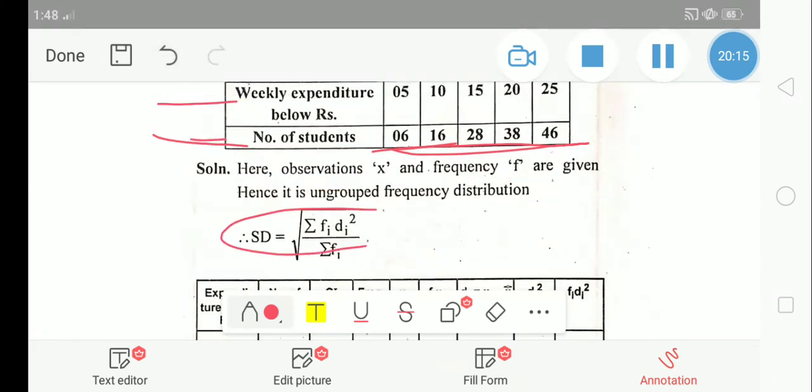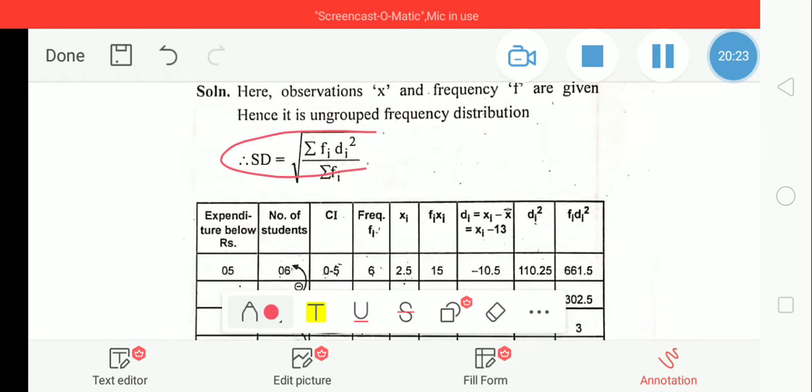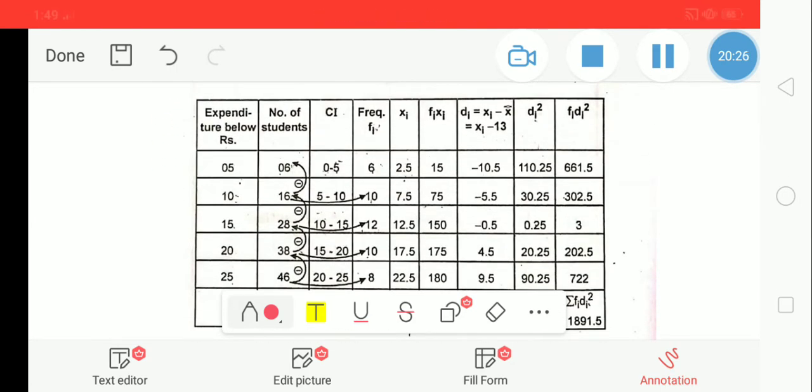This is the formula. Now this is the weekly expenditure below rupees and number of students. So we write here expenditure below rupees and number of students. Now here we can make class interval. This is 5, so 0 to 5. Here rupees 0 to 5 and here rupees 10.